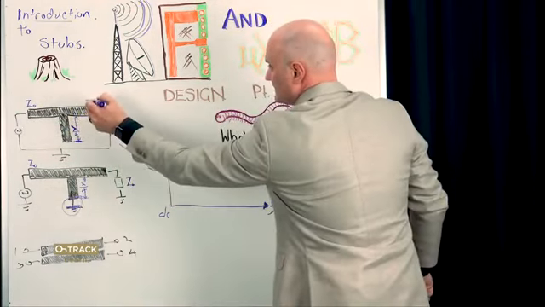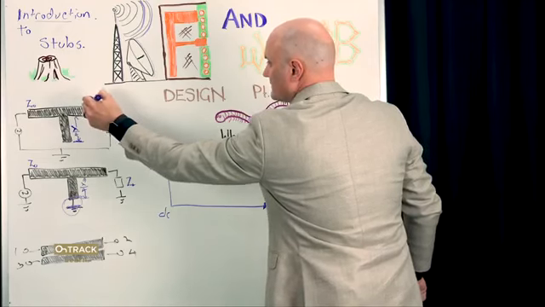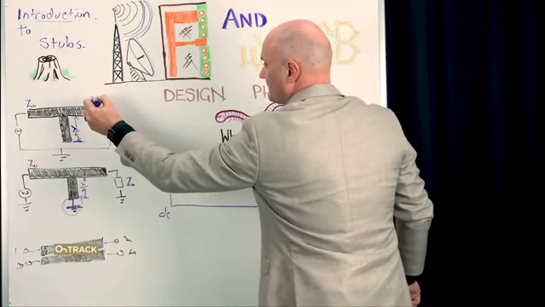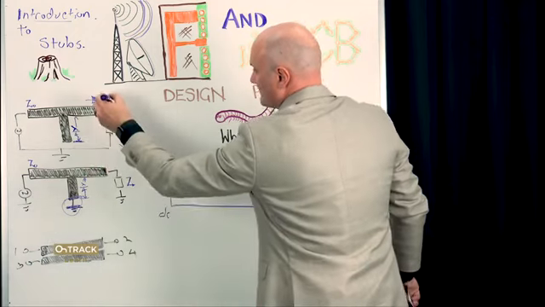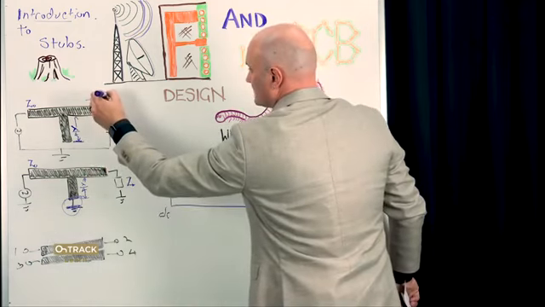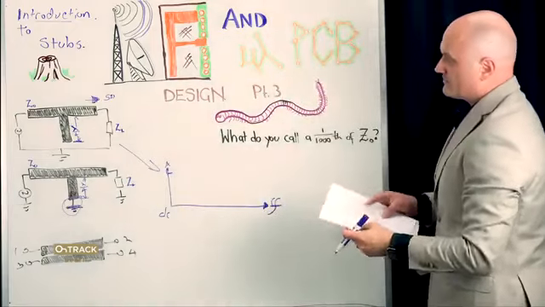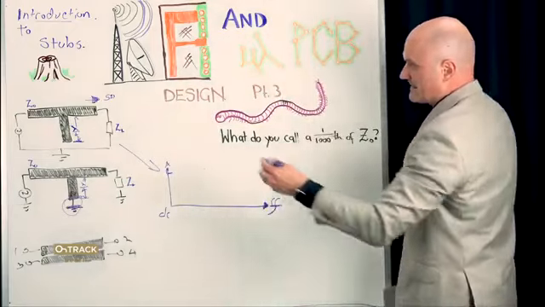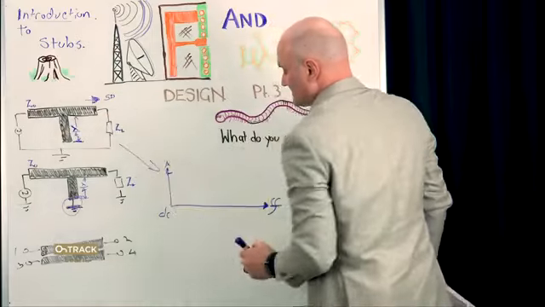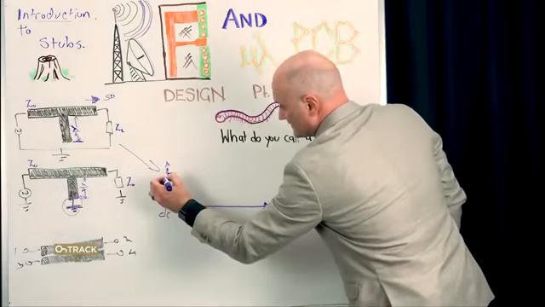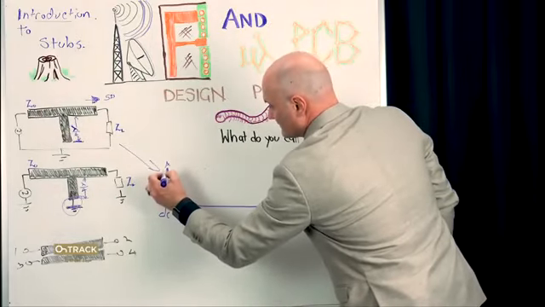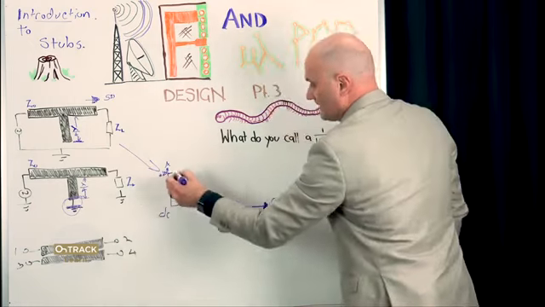Our transmitted power to the load, right? And maybe we'll come back to this in a future episode, which is called S21. It's our transmitted power to the load that gets through this circuit and gets to the load. It is going to be at 0 dB, right?